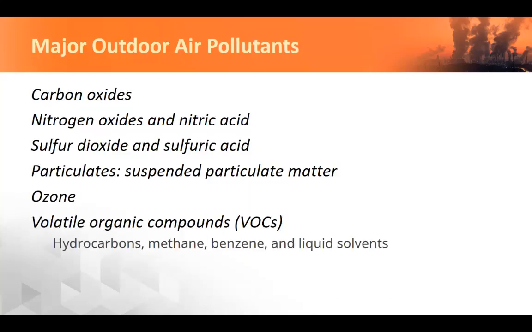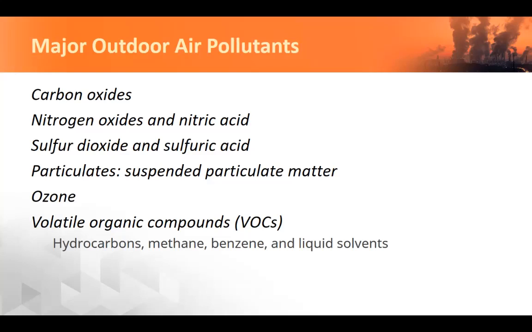So, our major outdoor air pollutants that we look at are our carbon oxides, our nitrogen oxides, and that produces nitric acid, remember, from chemical reactions with water vapor, sulfur dioxide, and sulfuric acid. So, there are your two combinations we look at for acid rain, rapid acid deposition. We have particulates, which includes our suspended particulate matter.